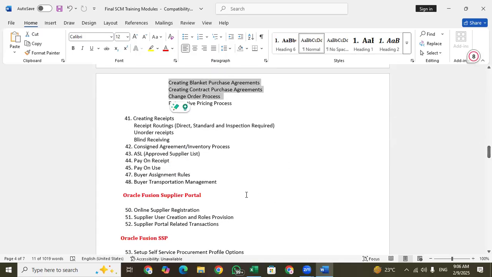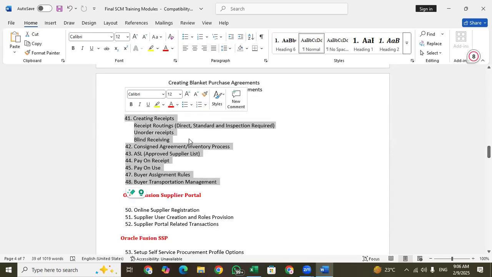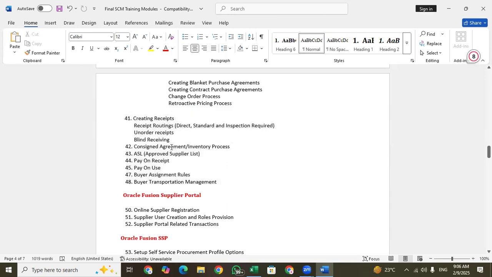After that, there are a lot of receiving methods, and how to receive the material once the supplier supplies the organization. At the time of supplying the material to our organization, how do the payments come into the picture?